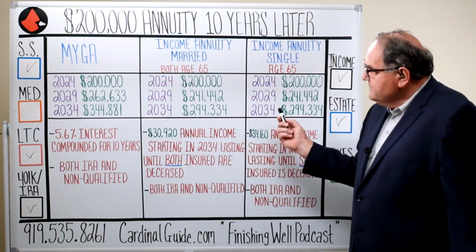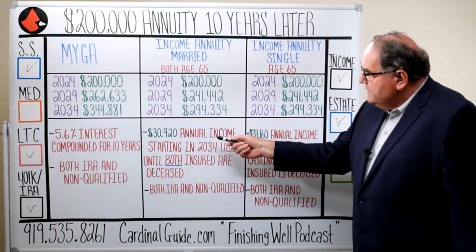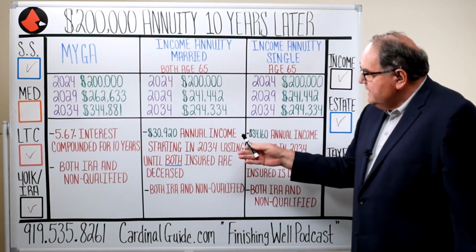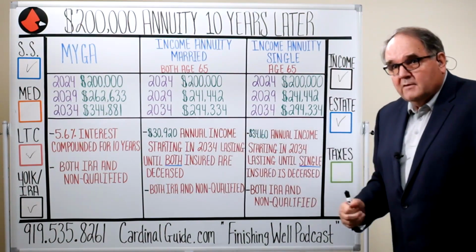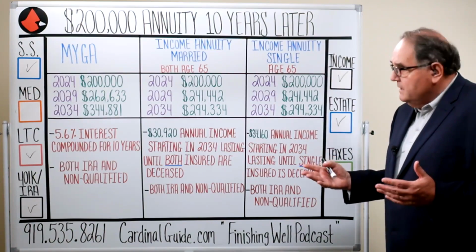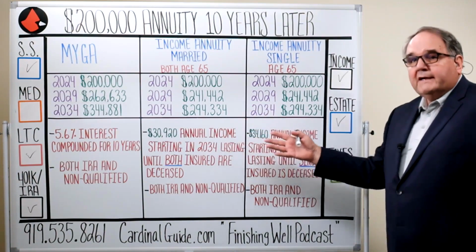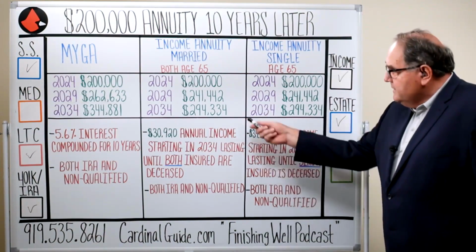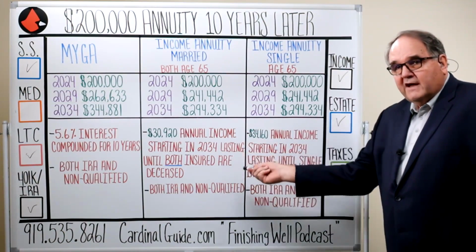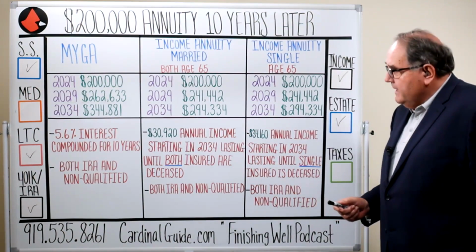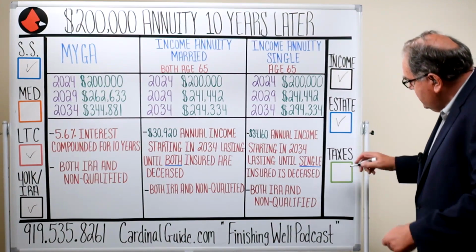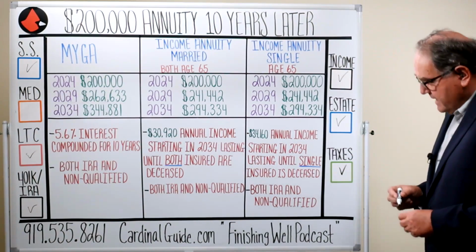The cash value is going to be paid out. And if you start the income 10 years later, and then both of you pass away soon, like a couple of years after you start the income, there's still going to be substantial cash value that's going to go to your heirs. So we talked about estate, and then we talked about income taxes briefly.